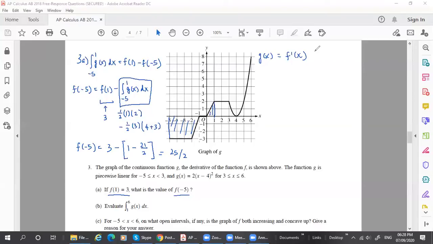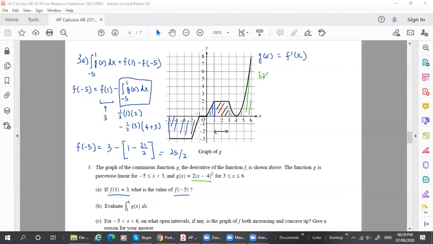So we are looking at this part here, which is from 1 to 3, where you have the area of a rectangle, and on top of that, from 3 to 6, the area between the graph of the quadratic and the x-axis.